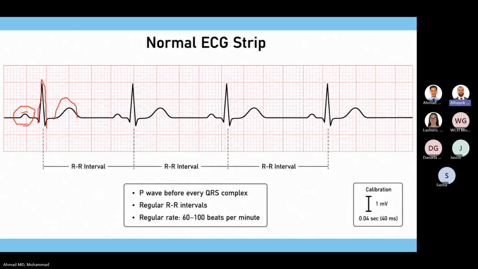And then the T wave here signifies ventricular relaxation. And then you have these R waves that are regularly spaced. So you have a P wave in front of an R wave, and the R waves are regularly spaced. This is how the RR interval is regularly spaced. This is what you expect from a normal EKG whenever you look at it.